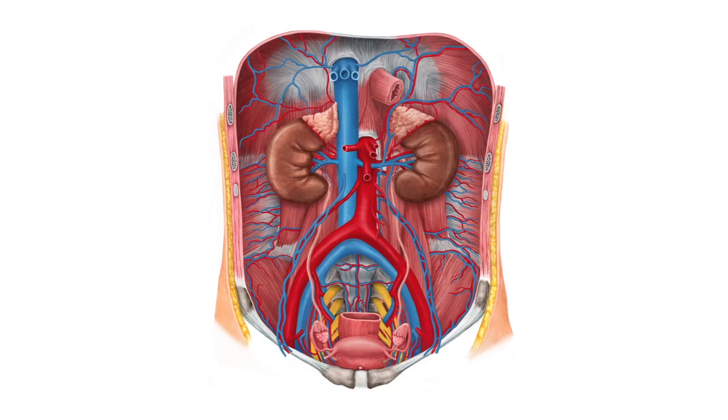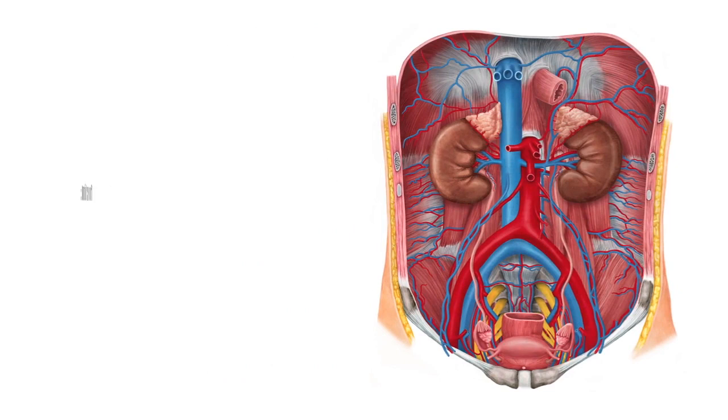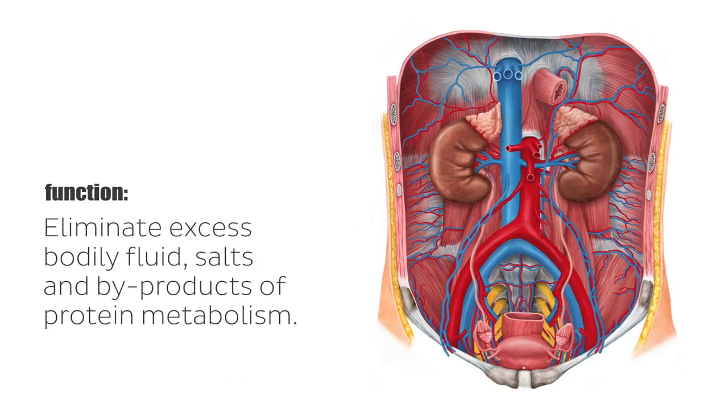They're found a bit more posteriorly because the kidneys are retroperitoneal organs, and their main function is to eliminate excess bodily fluid, salts, and byproducts of protein metabolism. As you can see, they are what we also call bean-shaped organs, which receive blood supply from the renal arteries, which are the topic of this tutorial.